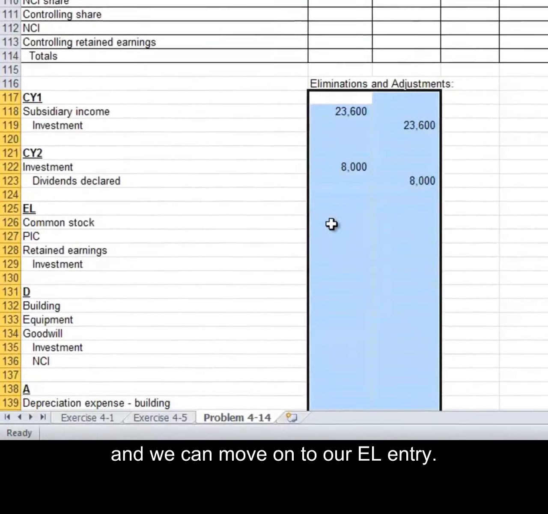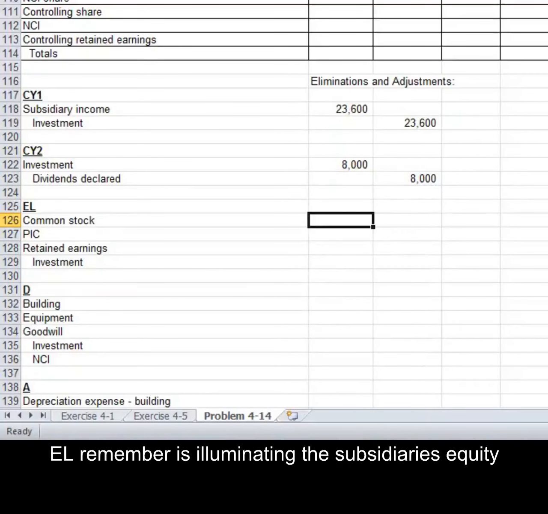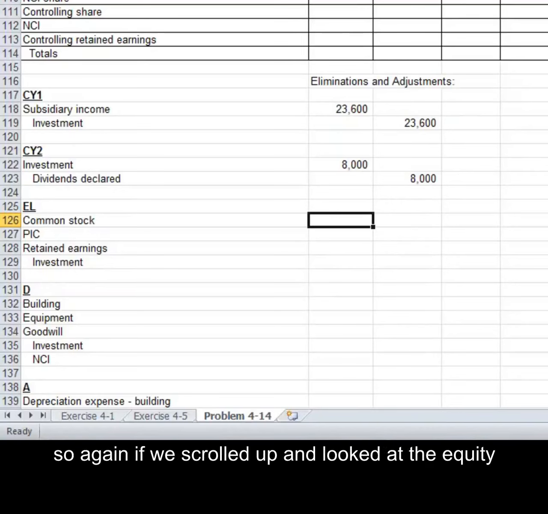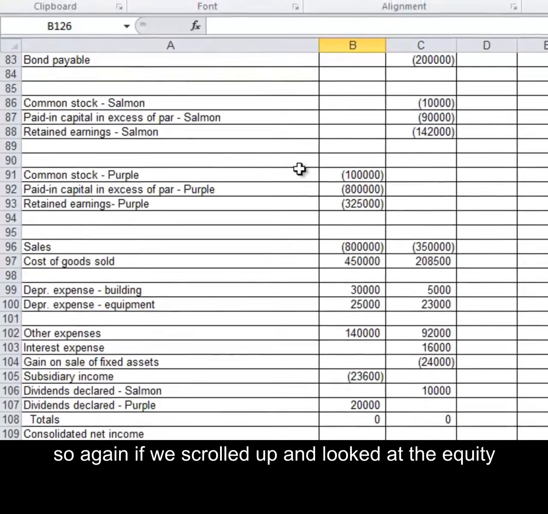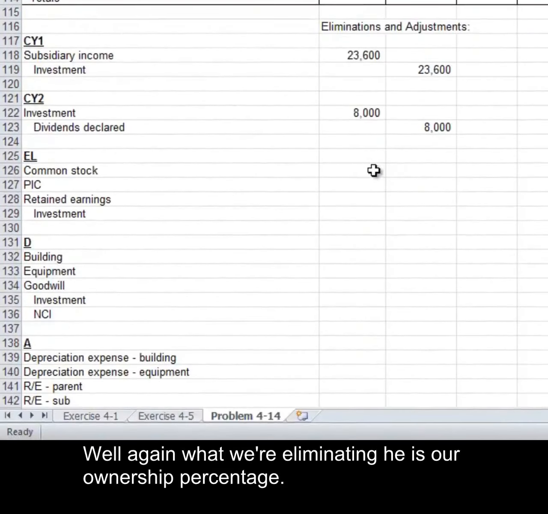And we can move on to our EL entry. EL, remember, is eliminating the subsidiary's equity. So again, if we scrolled up and looked at the equity, we see here the equity for the sub of 10,000, 90,000, and 142. Well, again, what we're eliminating is our ownership percentage.